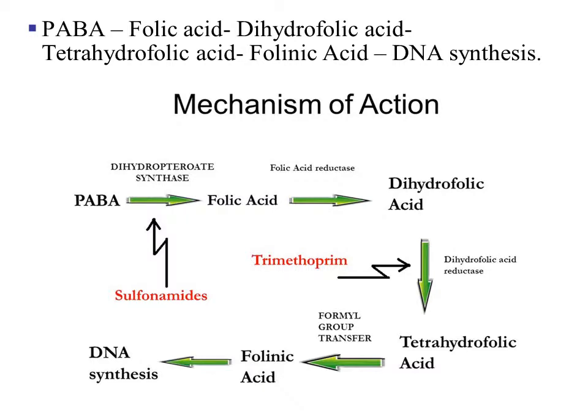Here is the biochemical pathway to make DNA. PABA will be converted into folic acid, which is a vitamin. Folic acid will be converted into dihydrofolic acid. Dihydrofolic acid will be converted into tetrahydrofolic acid.